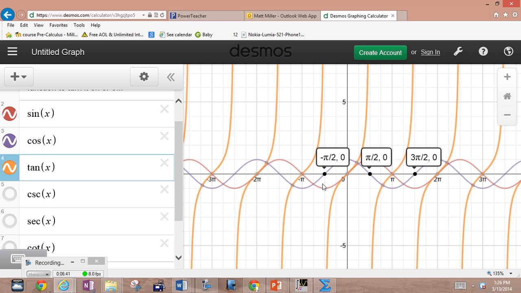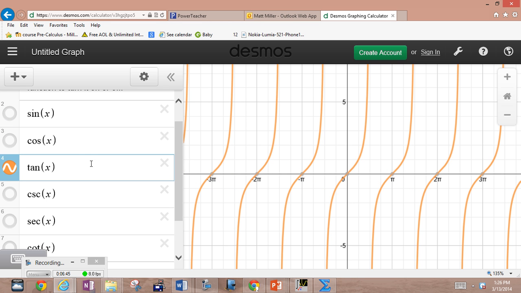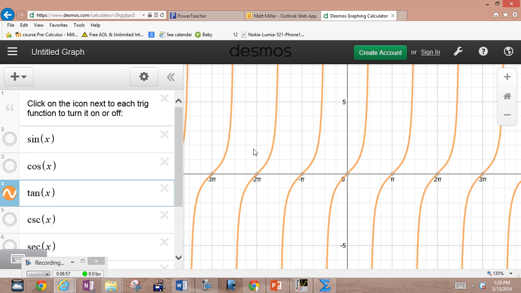Okay, the other unique feature about the tangent, and let's just look at the tangent here, is that the range of the tangent is from negative to positive infinity. And so any horizontal line is only going to strike the tangent at one point.